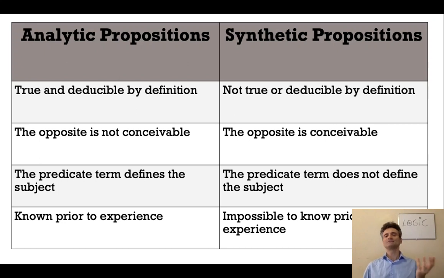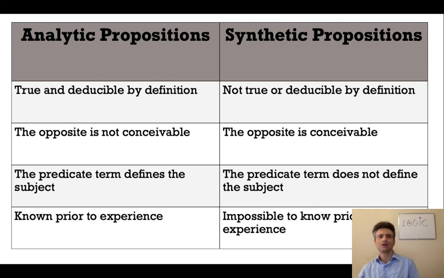A triangle does not have three sides. You cannot conceive of a triangle that doesn't have three sides. The predicate term defines the subject. Okay, and also analytic propositions are known prior to experience. You don't need to experience a triangle in order to know that it has three sides.